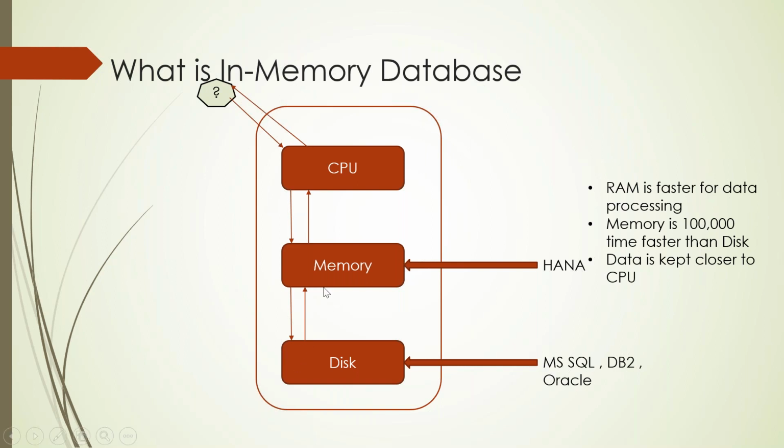So here we are wasting a lot of time. In traditional databases like Microsoft SQL, DB2 or Oracle, 90% of the time is wasted just loading and unloading the data into memory, and only 10% is required for processing the user's request. In the previous example, the SQL was taking more than 8 hours. Why? Because it performs this loading and unloading.